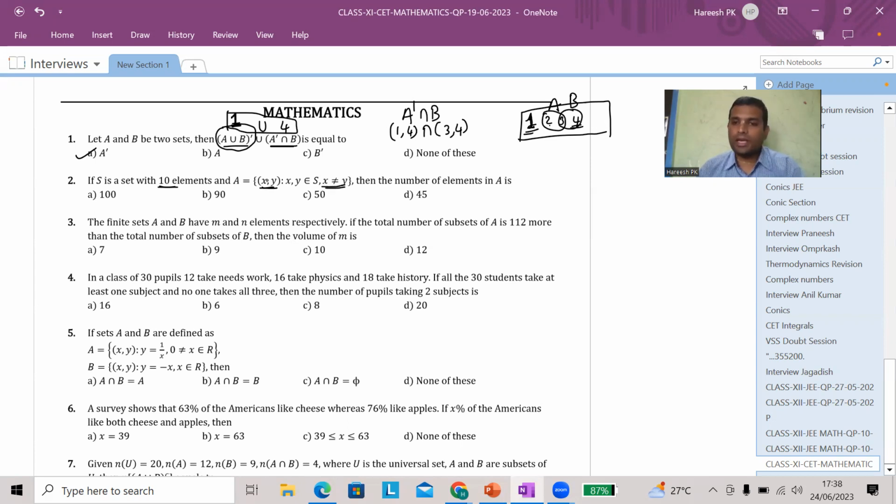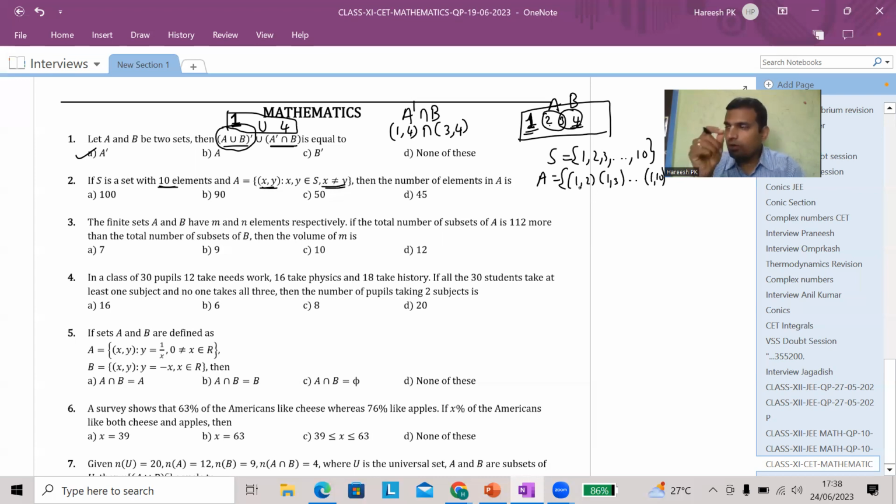So you have to pick x and y from the set S. So let us assume that set S contains elements 1, 2, 3, dot, dot, dot, up to 10. Now in set A, I should have all elements of the form (x, y), but x should not be equal to y. That means I cannot have (1, 1), but I can have (1, 2), (1, 3), up to (1, 10).